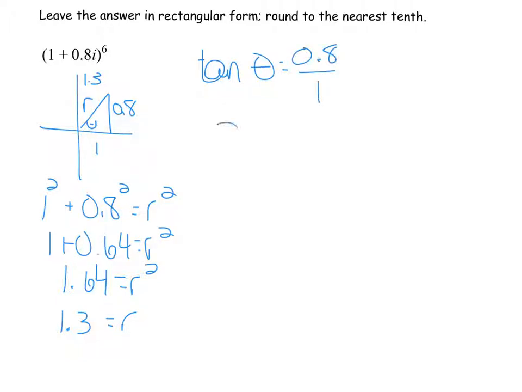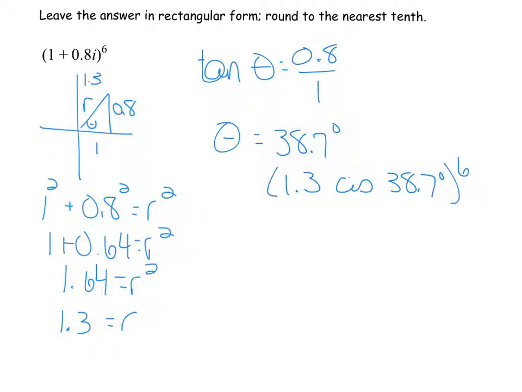I'm going to do my inverse tangent function, and I get that my angle is about 38.7 degrees. Okay, so in polar form, this complex number is 1.3 CIS 38.7 degrees, and I'm raising it to the 6th power.